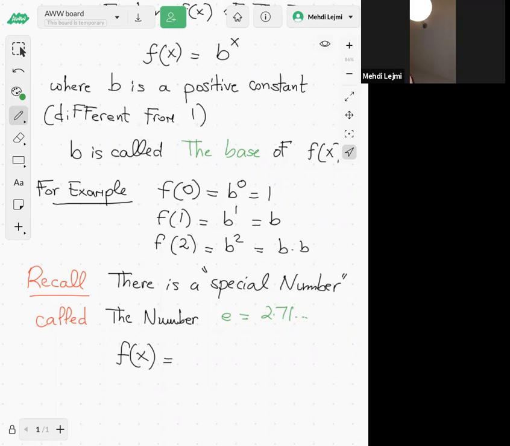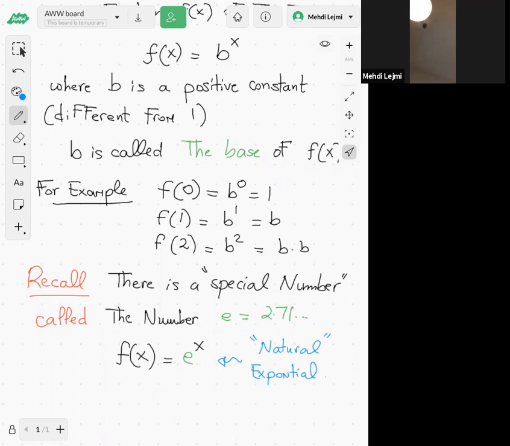So this is e to the x. When the constant b is equal to this number e, that's what I call the natural exponential.